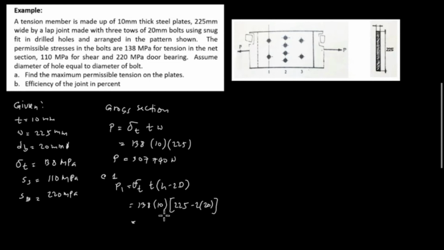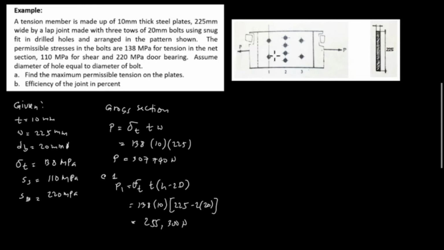So 138 times 10, which is 1380, multiplied by 225 minus 40, which is 185. Multiplied by 1380, for the force P1, we get 255,300 Newton.